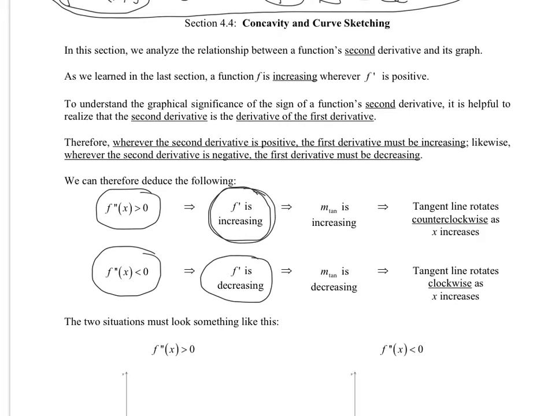Now what does f prime measure? F prime measures the slope of the tangent line on the graph of the original function. So to say that f prime is increasing is equivalent to saying that the slope of the tangent line increases as we move from left to right along the graph.